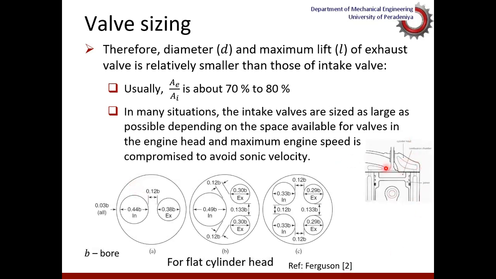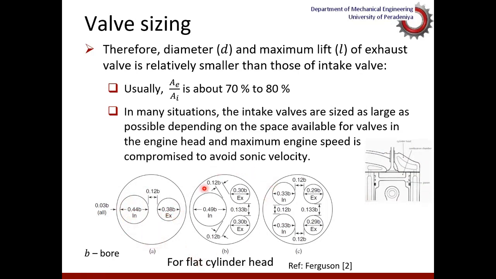As I just said, if it is an open combustion chamber like this, then the size of the valves is limited by the diameter of the bore, and the valves can be placed like this. This is the intake valve, 0.44B, and this is the exhaust valve, 0.38B.